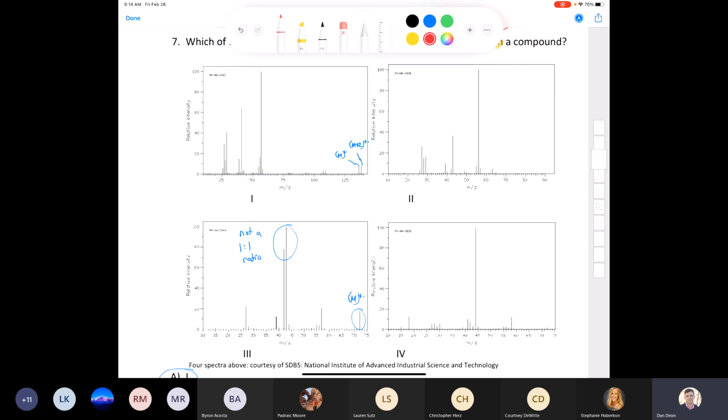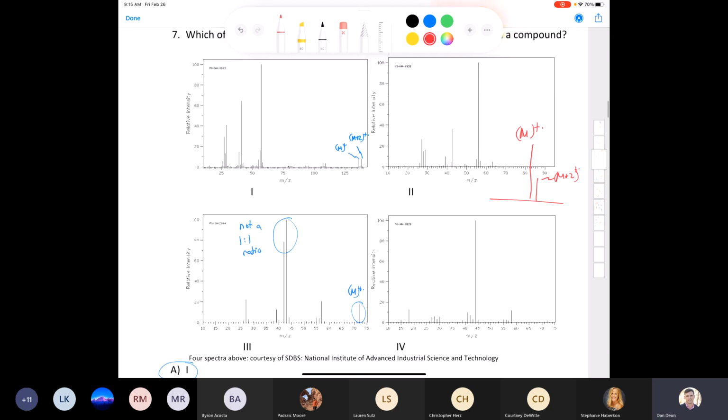When you have a chlorine, you'll know it because you have your molecular ion, which will look like this, and then your M+2 peak will be exactly a third of the height. Okay, your M+2 peak, and you don't see that in any of these. It's going to be a third.